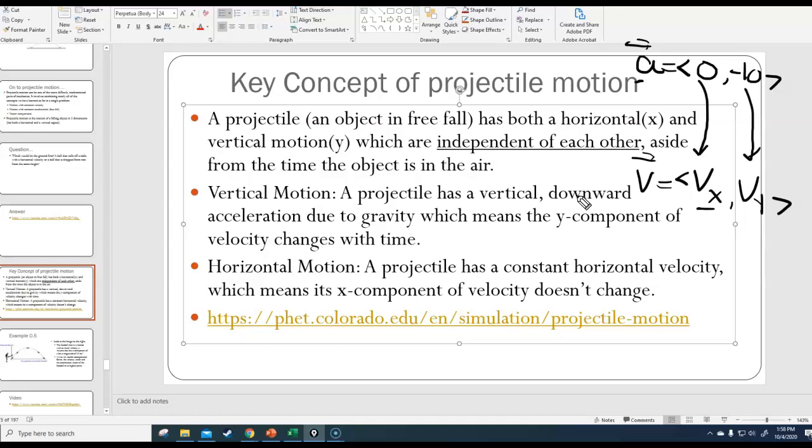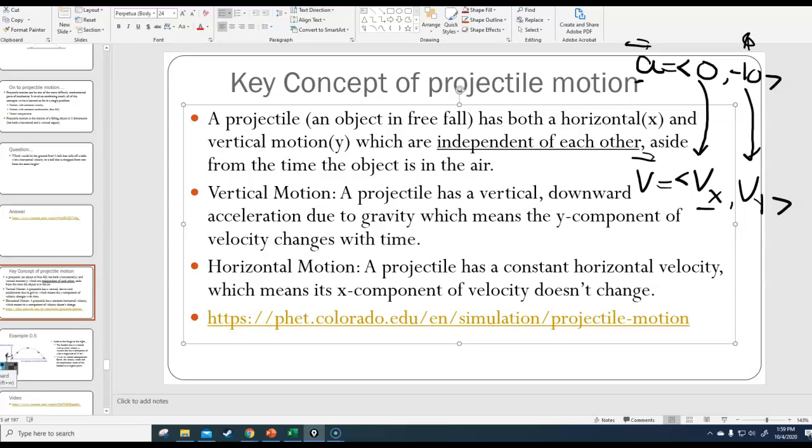Because the acceleration only has a y component, that negative 10 meters per second squared only affects the y part of the object's velocity. Just like this 0 meters per second squared, that's the x component of the acceleration, only affects the x part of the object's velocity. And because it's 0, remember if you have 0 acceleration, you have constant velocity. Okay, so pause there and see if you need to add that to your notes, which you should.